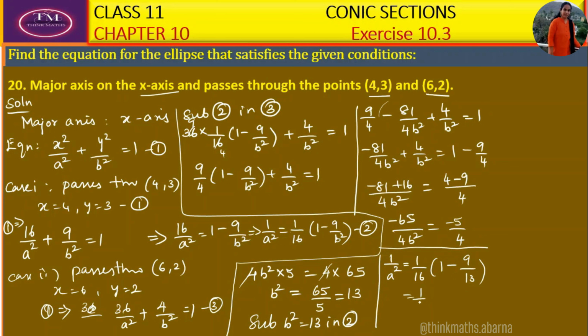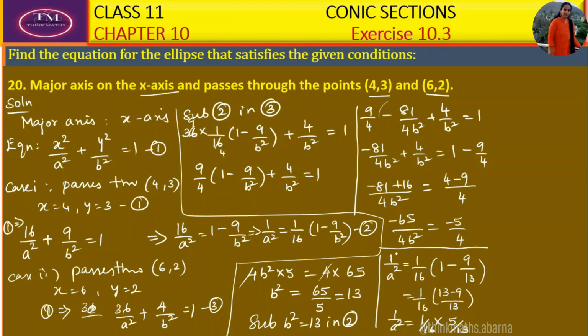Equal to 1 by 16 into, taking 13 as LCM, it will be 13 minus 9 by 13. So 1 by 16 into 13 minus 9. What is 13 minus 9? 13 minus 9 is 4. So 4 by 13.